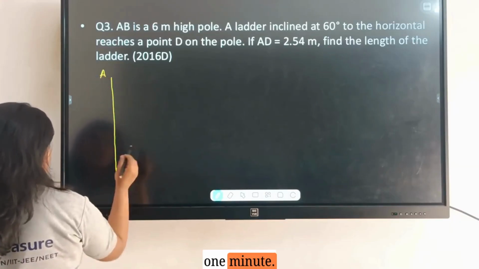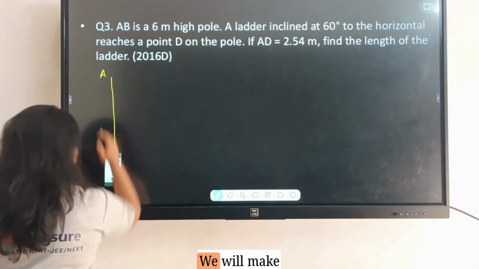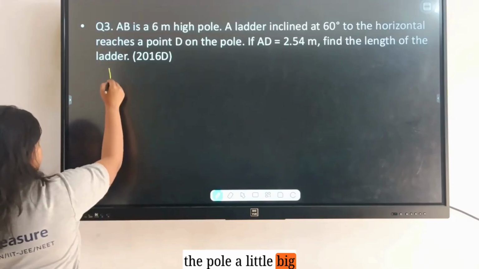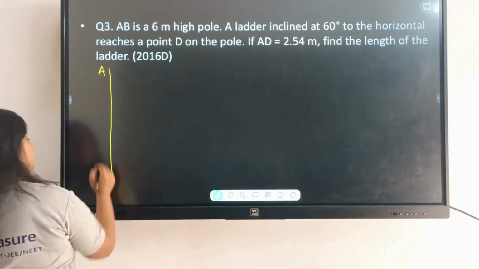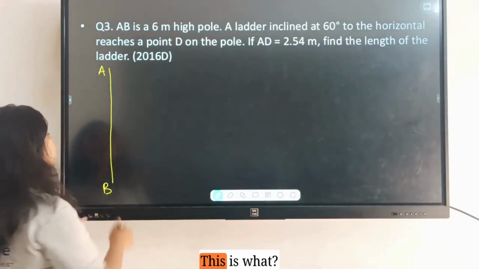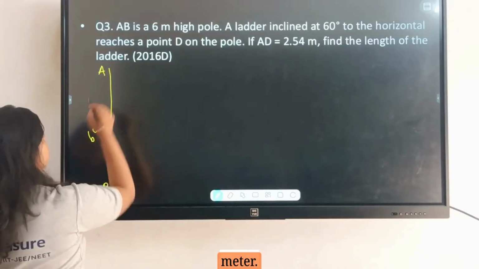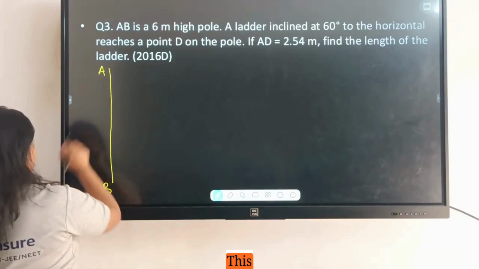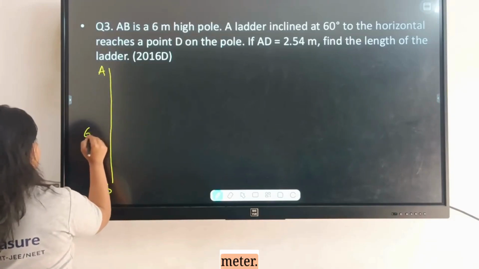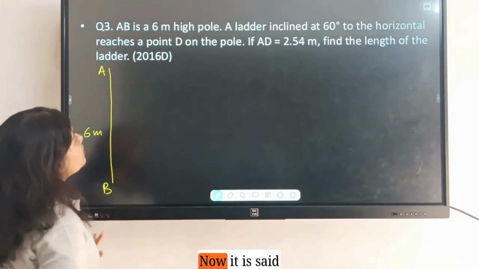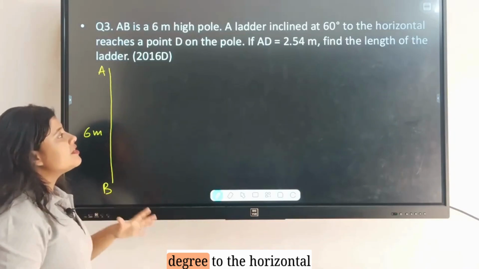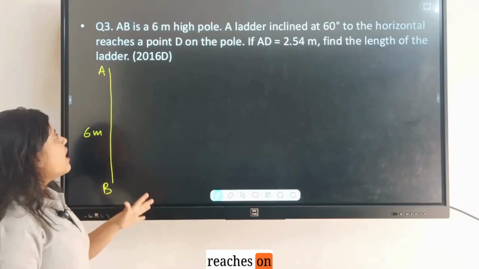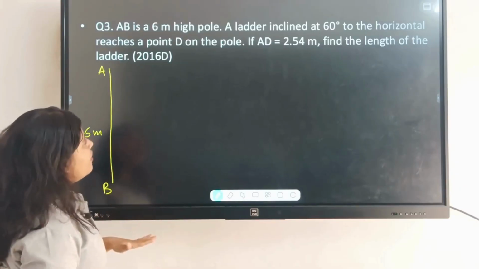One minute. We will make the pole a little bigger so that it becomes easier for us to write A, B. This is 6 meter. Now it is said that a ladder inclined at 60 degrees to the horizontal reaches a point D on the pole.